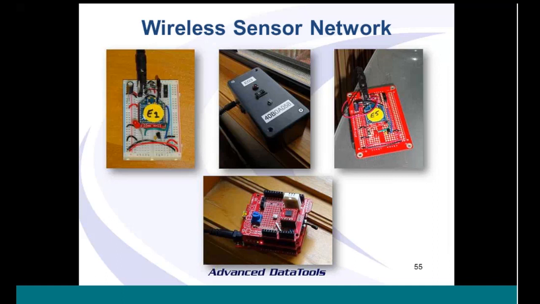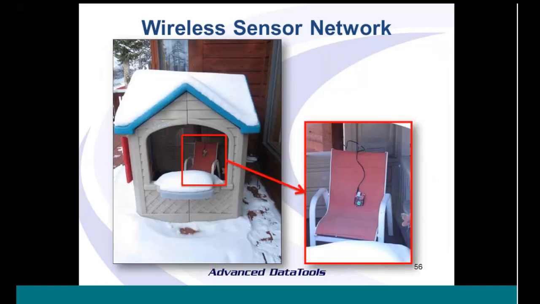The one on the bottom there is the sensor I showed earlier, which is an Arduino-based one, again sending temperature, but also humidity values and a light level. And here's my outdoor sensor on the deck, just sitting there in my daughter's little playhouse. And it too is sending temperature, humidity, and light levels.